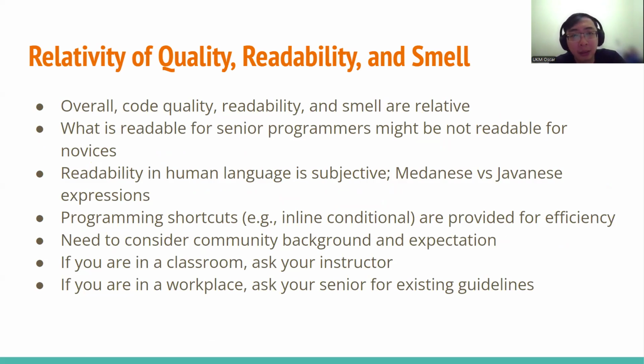For example, in Python, senior developers will try to use list comprehensions and lambda functions, but those things are not common for novices because they are difficult to read. Another example is shorthand if, so one-line if-else branching. It might be readable for senior programmers, but not for novices because it is more difficult to understand.